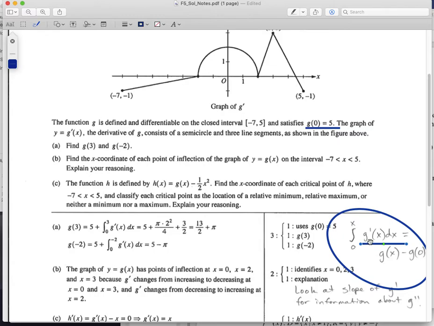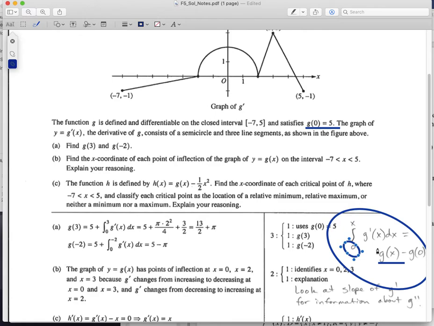Well, what's the antiderivative of g prime? Well, g prime is the derivative of g, so the antiderivative of g prime is g. So it makes sense that the definite integral from 0 to whatever number of g prime is just g at whatever number you want, this x and that x are the same, minus whatever g of 0 is.